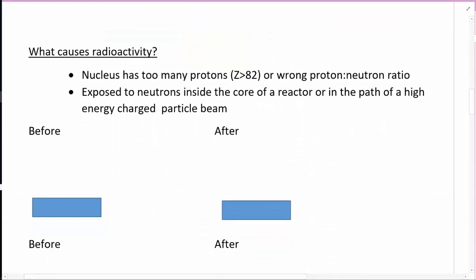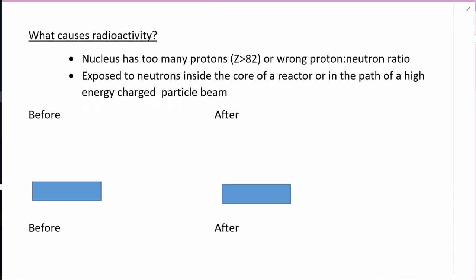All right, moving on. What causes radioactivity? Many of you have probably learned this in your Chem 1 class, but essentially it has either too many protons in the nucleus. Think about that. If you have, say, uranium-235, you have 92 protons, positive charges in the nucleus.